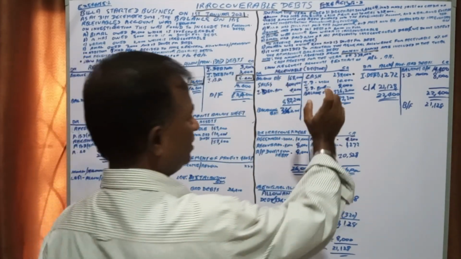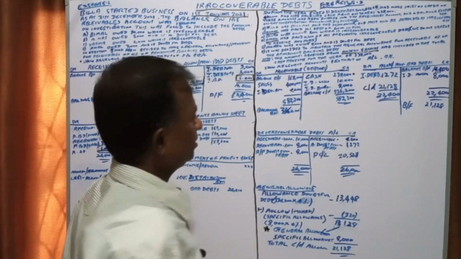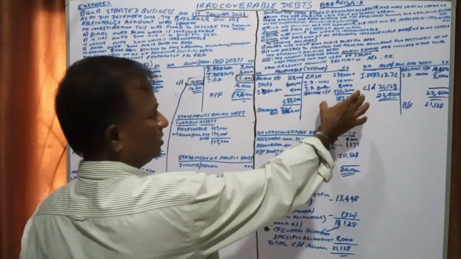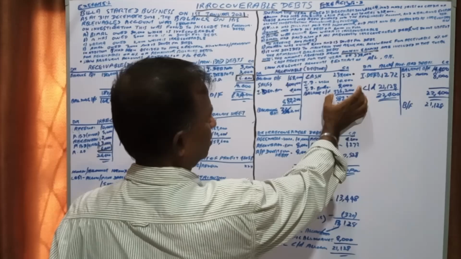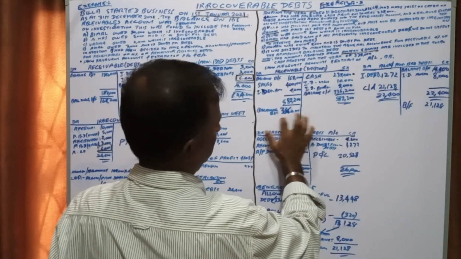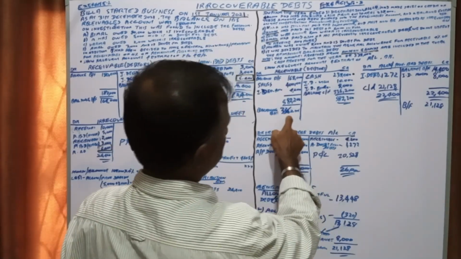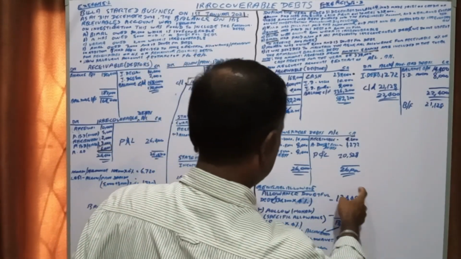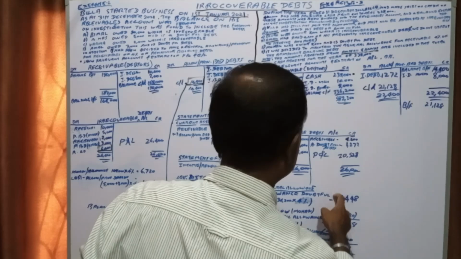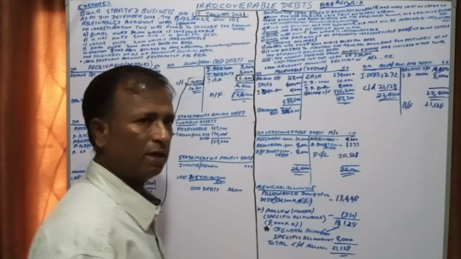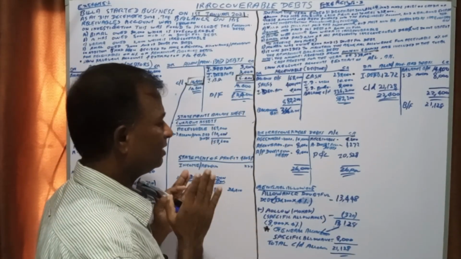Remaining balance of debtors, this is the remaining balance, 336,200. On that, we are going to calculate four percent. General allowance is 4%, 13,438. It is the general allowance.